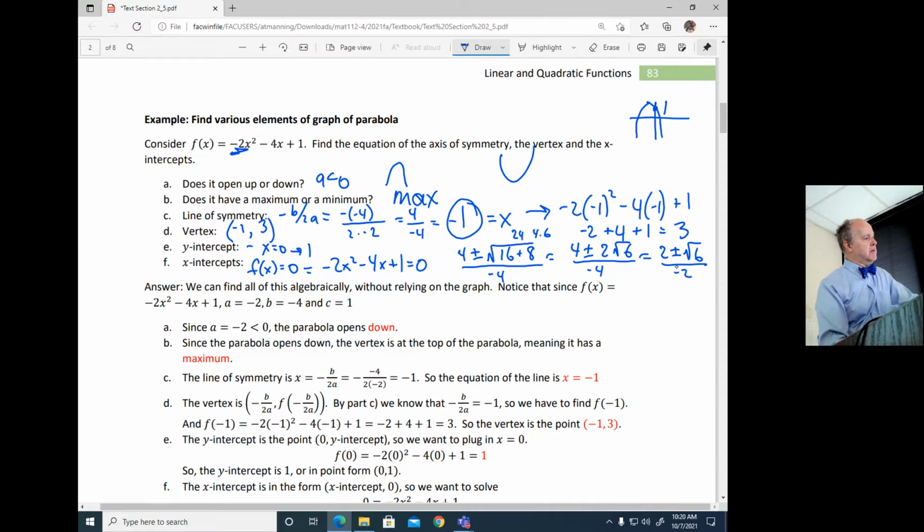I can bring the negative 2 up above and say negative 2 plus or minus square root of 6 over 2. The sign can go top or bottom. Those are my x-intercepts. That was the hardest answer. Otherwise, it was not even having to solve the quadratic formula, just pieces of it.